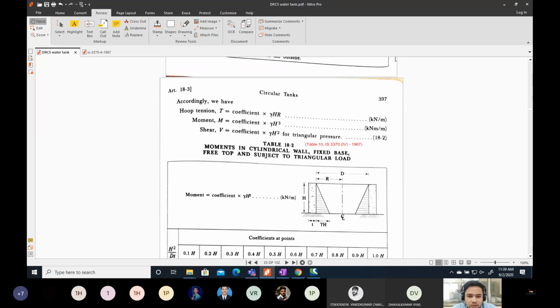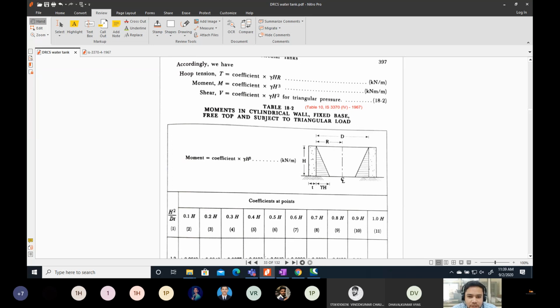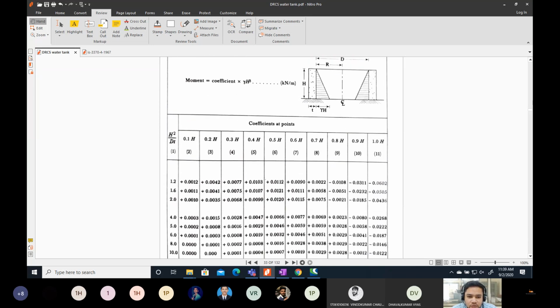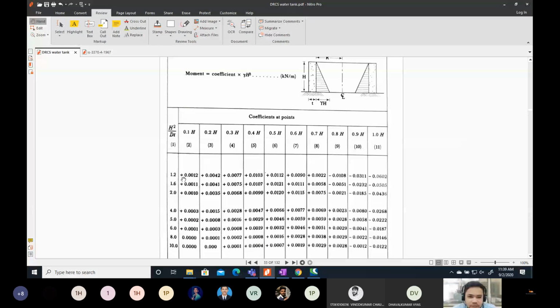Similarly, you can find the moments in cylindrical wall with fixed base and free top. So for different h square by dt ratio, again you have these coefficients for different heights of the wall. So at 1h and the h square by dt ratio, you can get the coefficients at different heights.